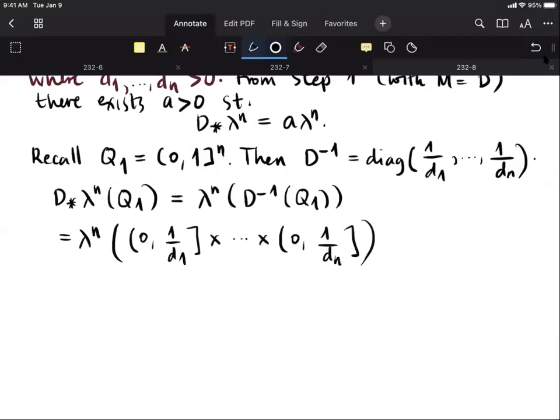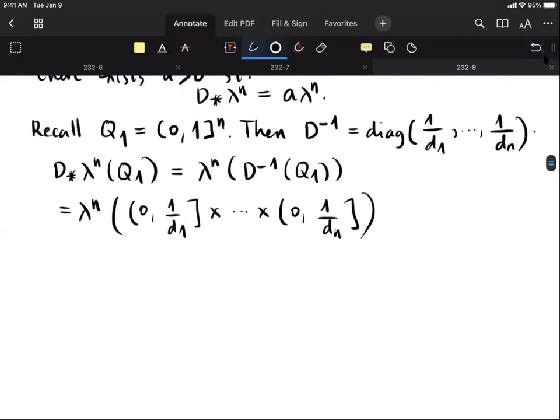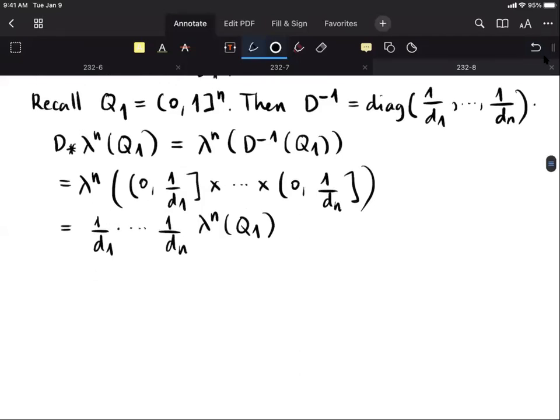We know how to calculate the Lebesgue measure of this, and this is 1 over d1, so you just compute the product of the side lengths, dn, times lambda n Q1. Take note that this is equal to 1.